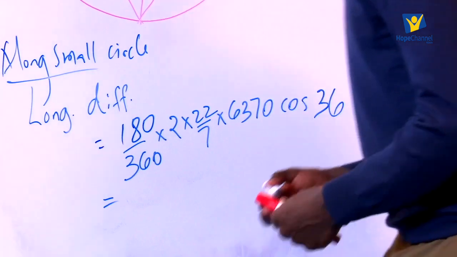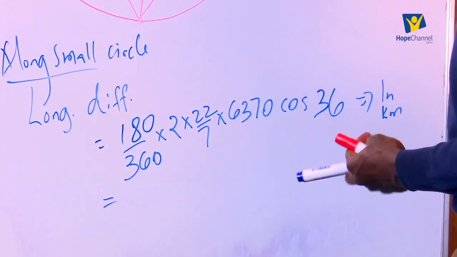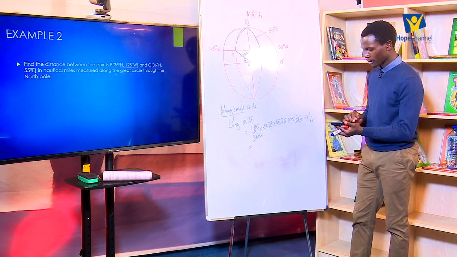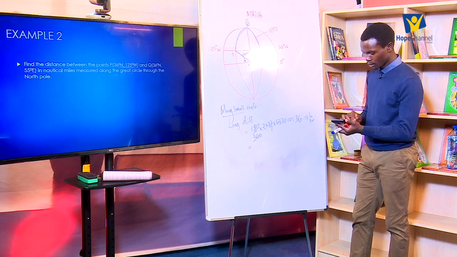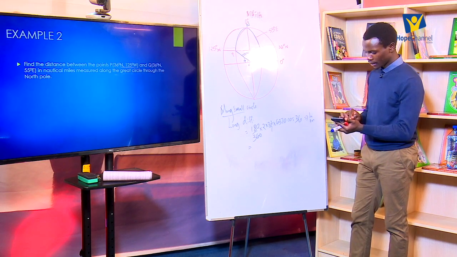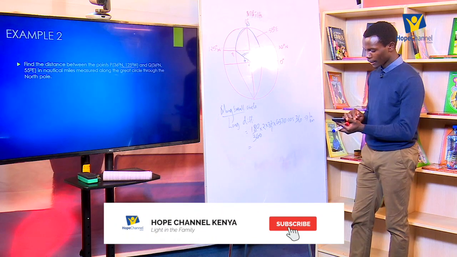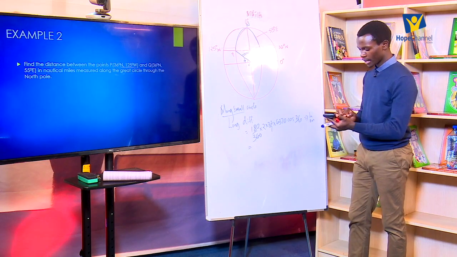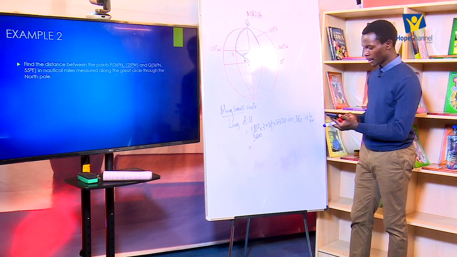Let's see what we get. So we have 180 times 180 times 22 times 2 times 6370, the cosine of 36. Then you divide that by 360 multiplied by 7.